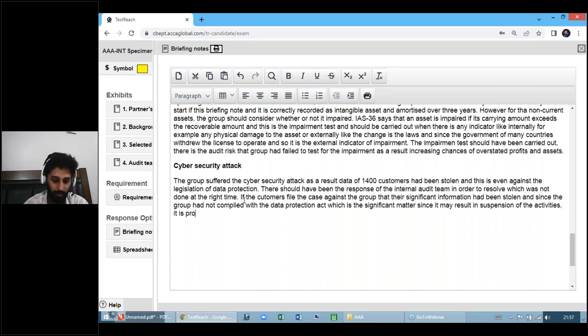If it is a probable chance, as I had written related to the business, it may result in the suspension of the activities.